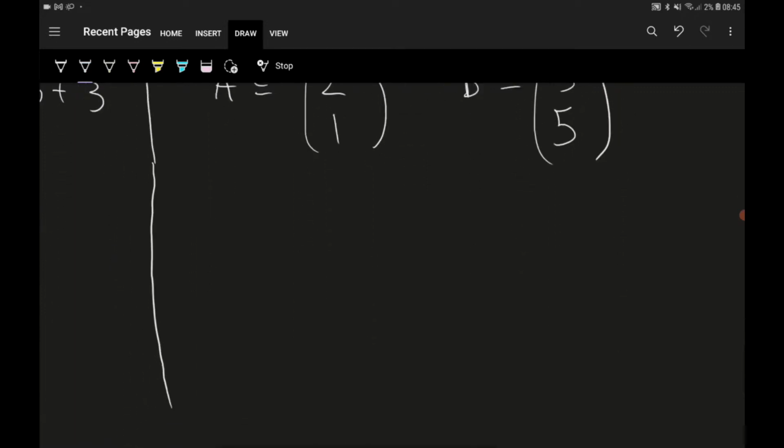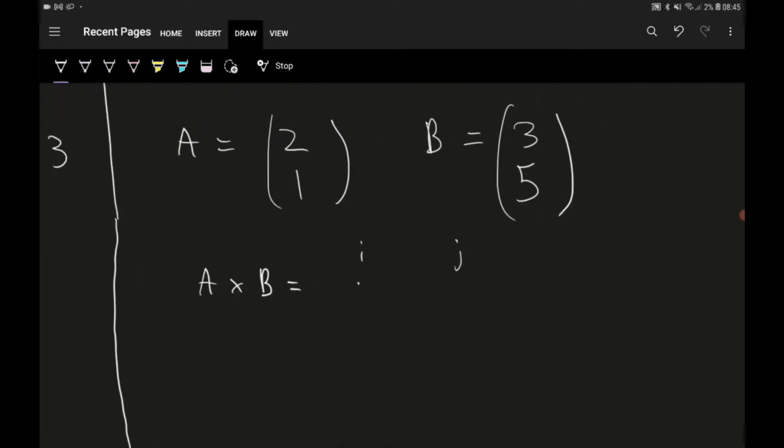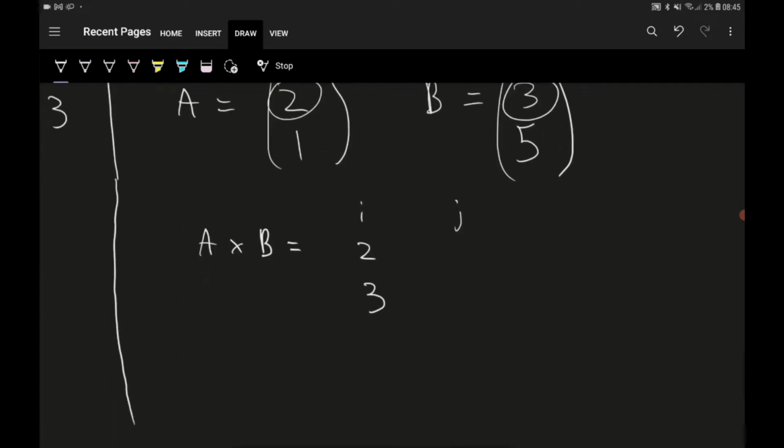Coming back to the cross product, really quickly, A cross B, we'd line up the I's and the J's. So we'd line up 2 and 3. They're both I coordinates, 2 and 3. And we'd line up 1 and 5. So this would become our A and this would become our B. And what we do with them is also rather simple.